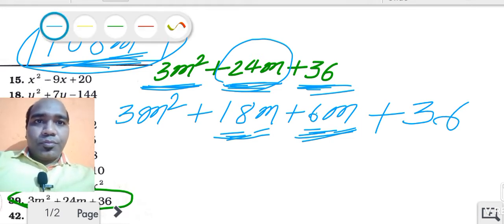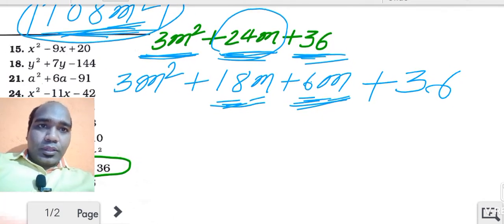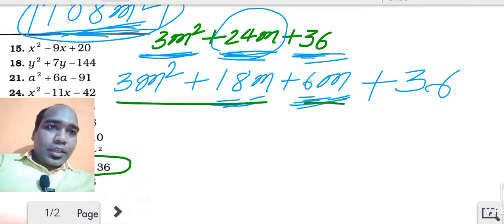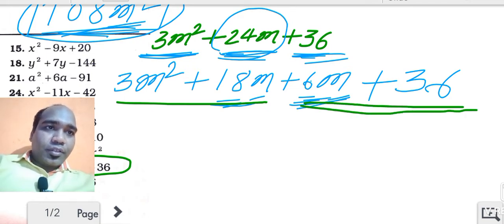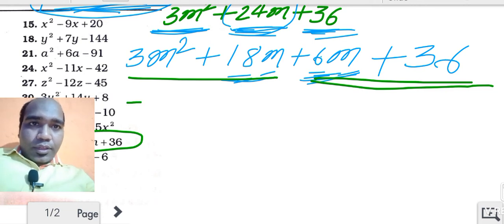Now what we have to do? Take 2 pair. So 3m square and 18m will take together, and 6m plus 36 will take together. So from 3m square and 18m we can take 3m common.